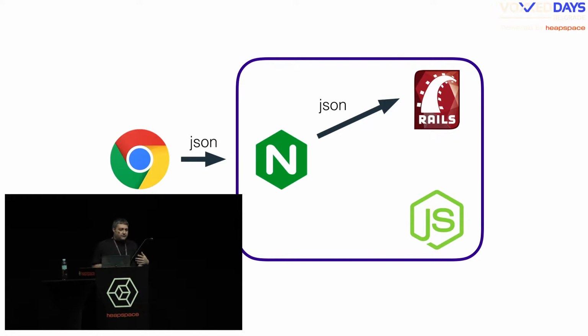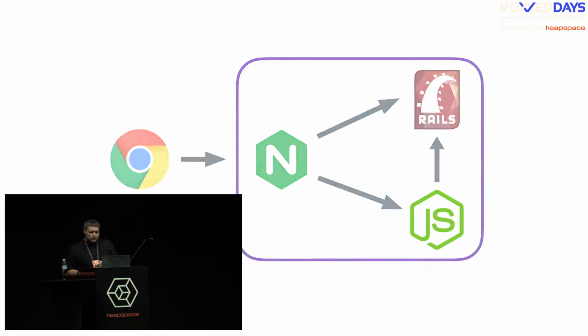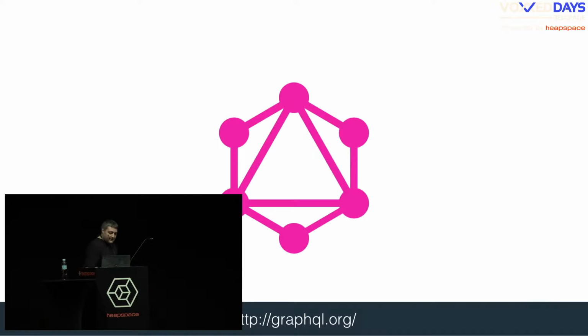For the client, this is basically a black box, or it works in synergy together. Today I'm mostly going to focus on our front-end stuff, because on the back end there are a lot of good tools in the Ruby community, and on the front end there are a lot of questions: how do I work with GraphQL?